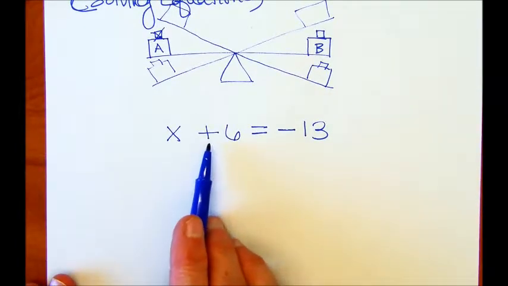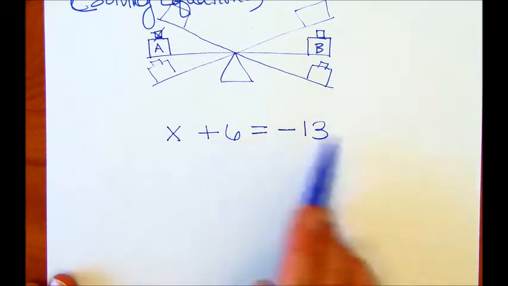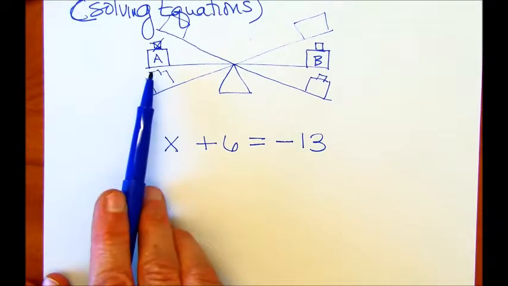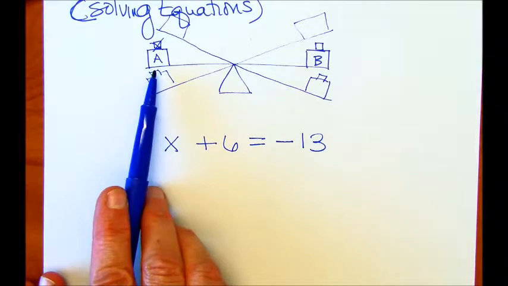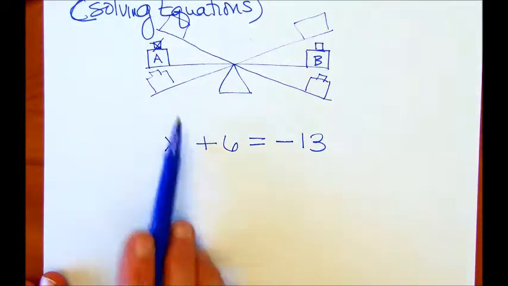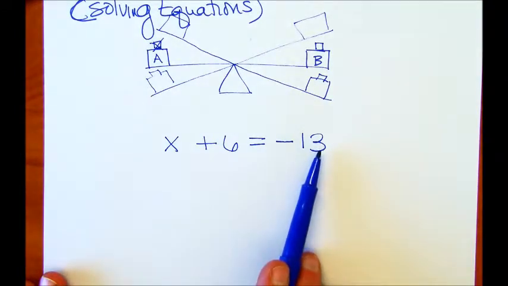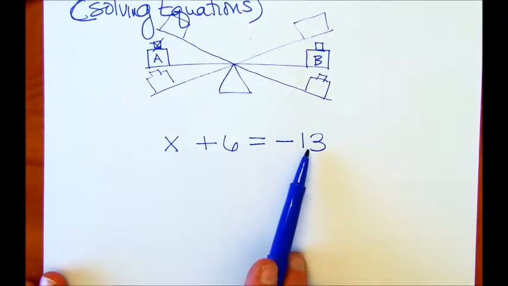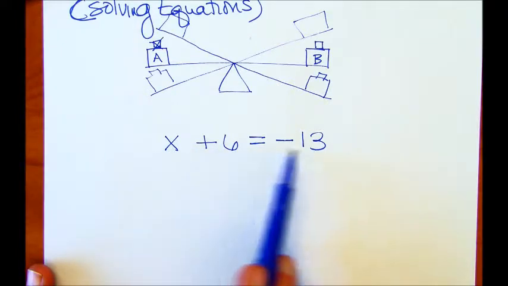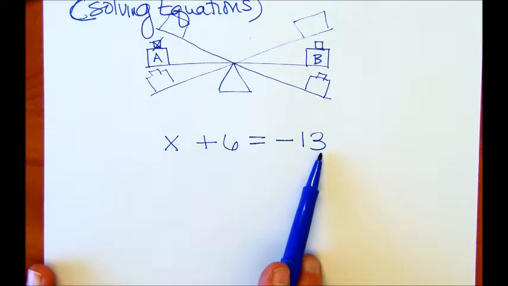Now, to move things, we can't just say, okay, I'm going to move this 6 and put it over here. Remember that balance we were talking about. If we add something to this side, we have to add something to the other side so that it continues to be a balanced equation. Additionally, if we subtract something, we want to subtract on the other side as well.